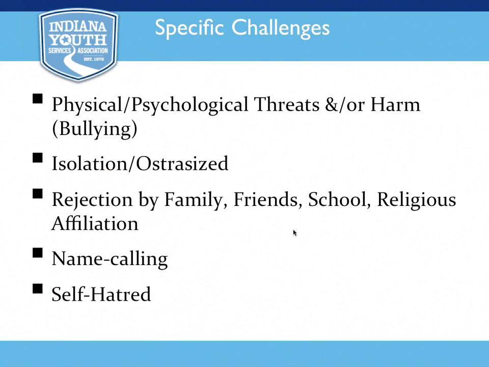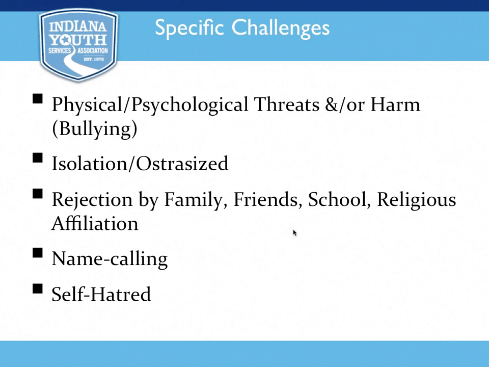All right. So there are specific threats and challenges for young people who identify as gay, lesbian, bisexual, transgender, or questioning. And these are barriers to us being culturally competent.